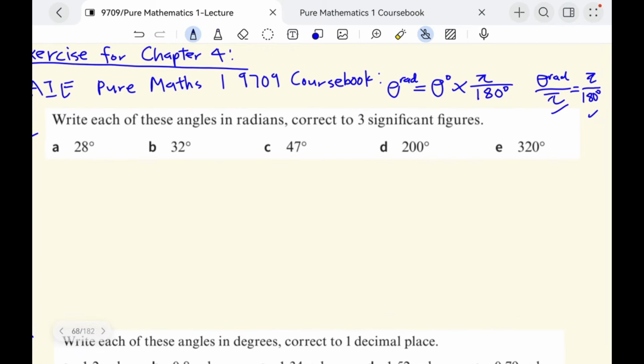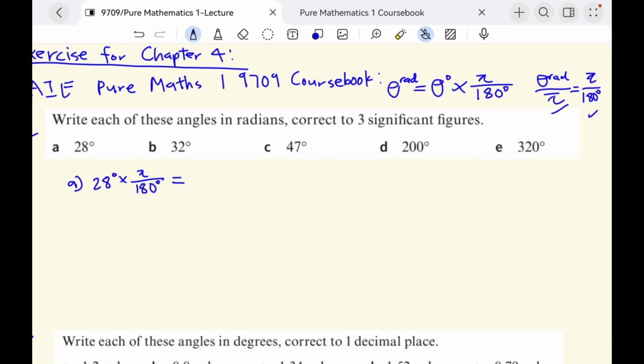I'll only select A and C. So how to convert 28 degrees into radian form? Just 28 degrees multiplied by pi divided by 180 degrees.